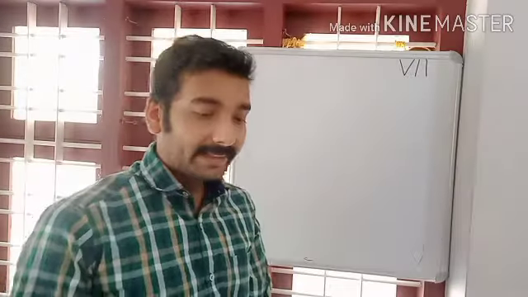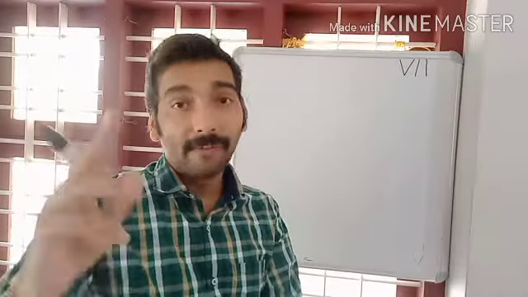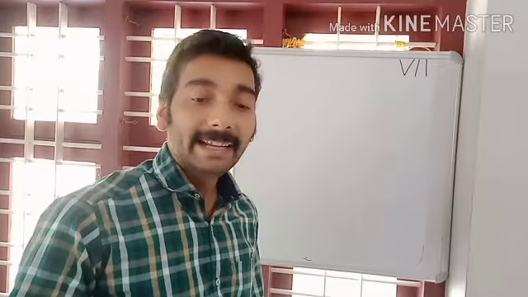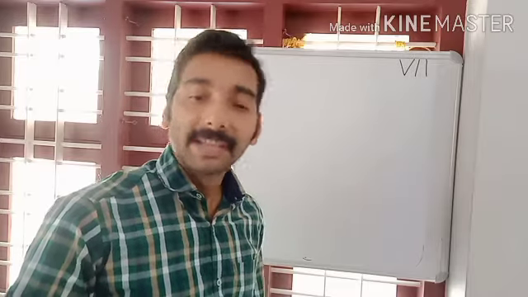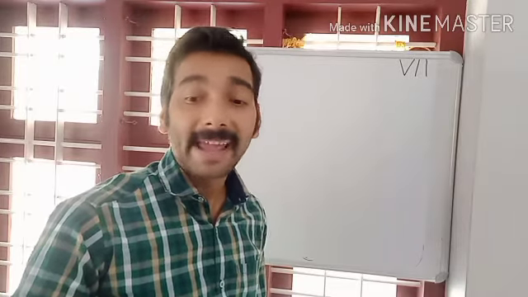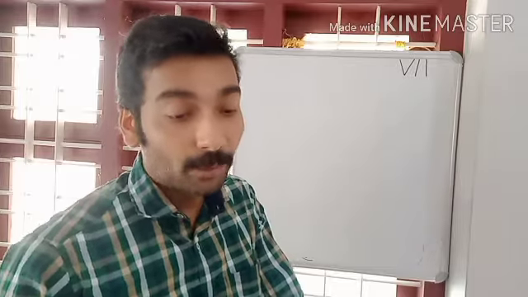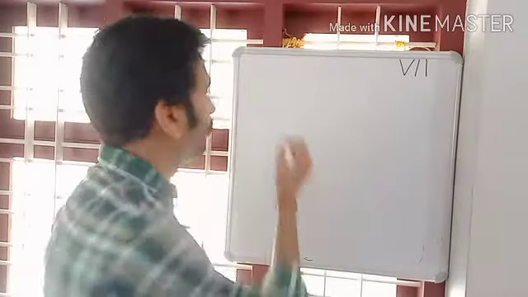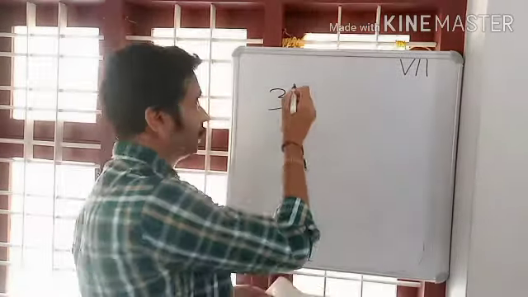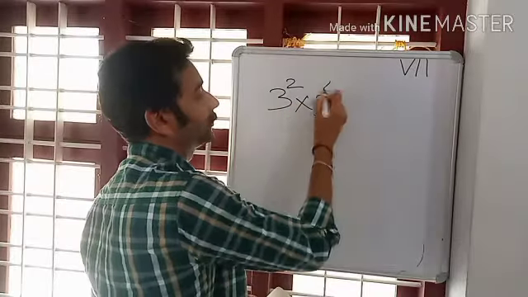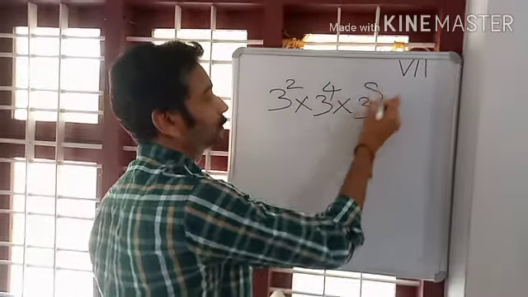Then exercise 13.2, first question. Using laws of exponents, simplify and write the answer in expanded form. The question is 3 raised to 2 into 3 raised to 4 into 3 raised to 8.